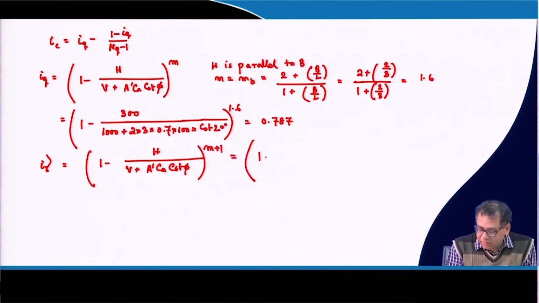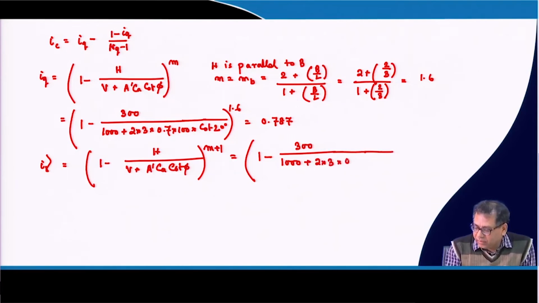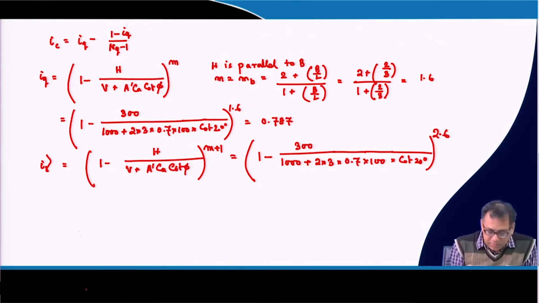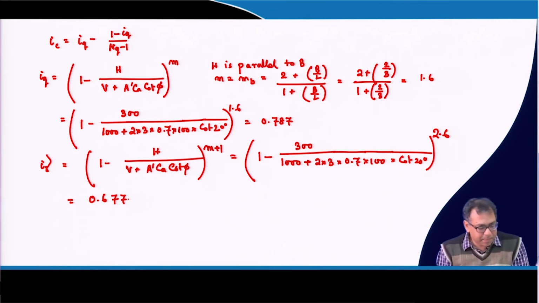So that is 1 minus H, which is 300, divided by 1000 plus area, which is 2 into 3 into 0.7 into 100 into cot 20 degree, to the power M, which is 1.6 plus 1, 2.6. So this is 0.677.